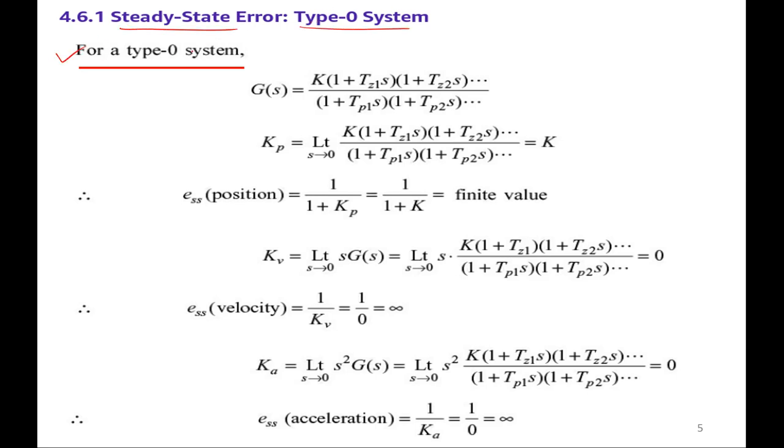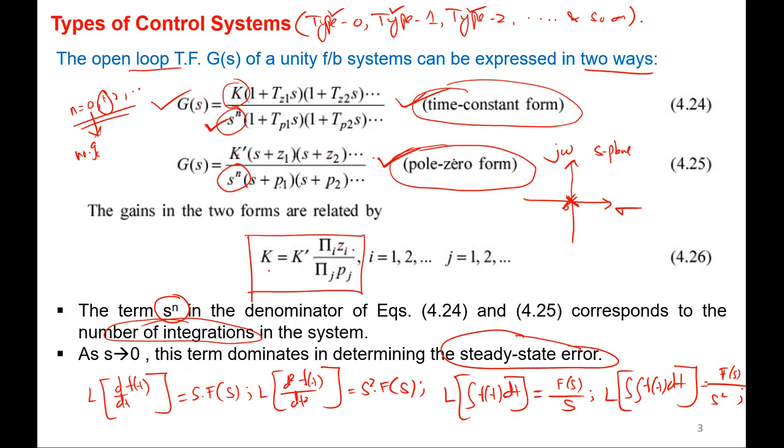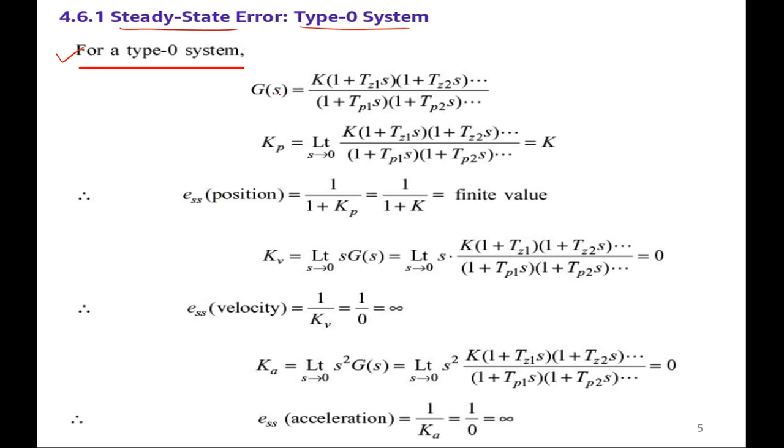For type 0 system, what is g of s? Observe here. This is the general time constant form. G of s is equal to k into (1 plus tz1 s)(1 plus tz2 s) divided by s power n. If it is type 0 system, n is 0. What is s power 0? It is 1. So this will vanish, and s power n is 1 here, so it is not shown here.